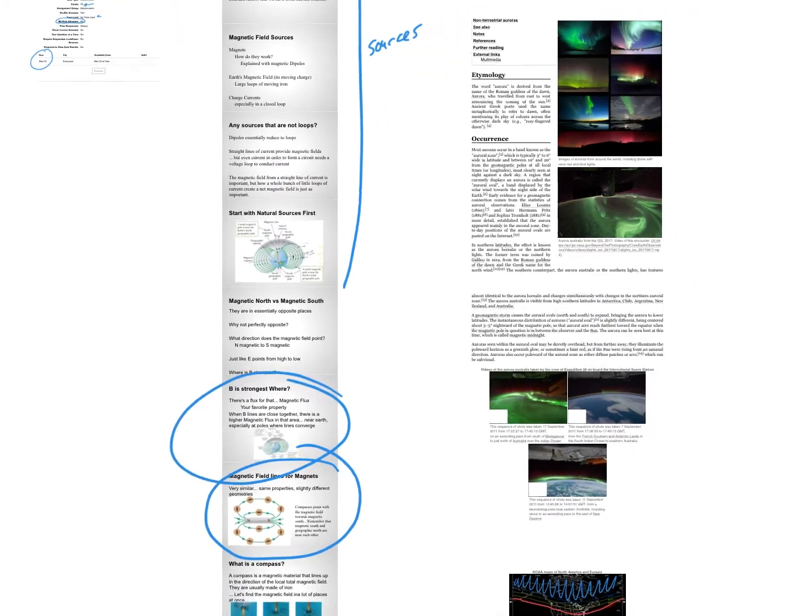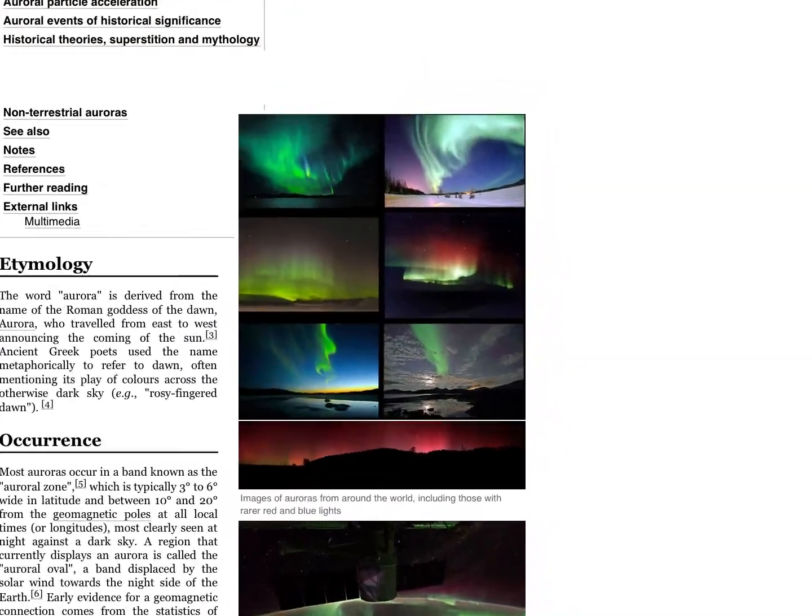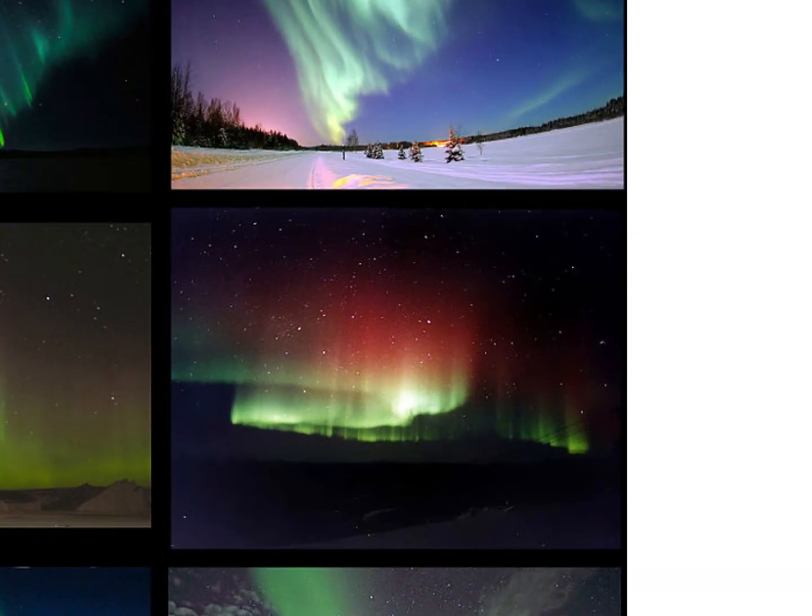That is what we're seeing. We're seeing the oxygen in the atmosphere at the high elevation, and we're seeing the nitrogen and the oxygen at the lower elevations.